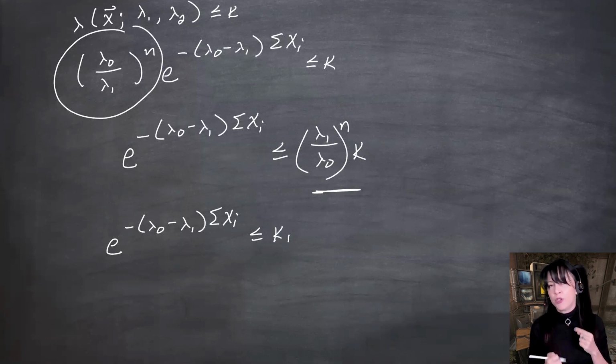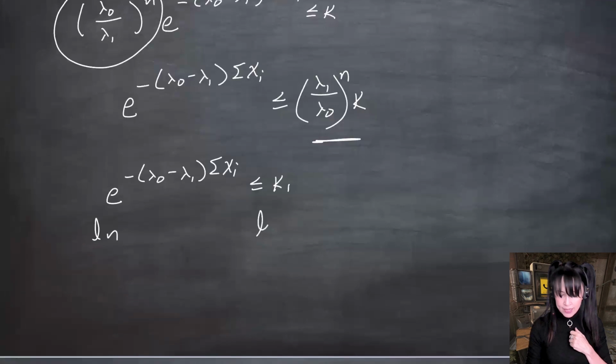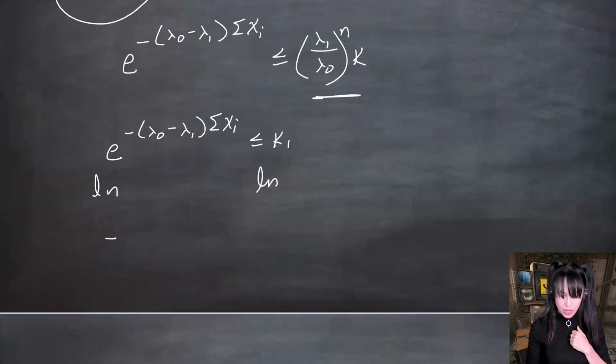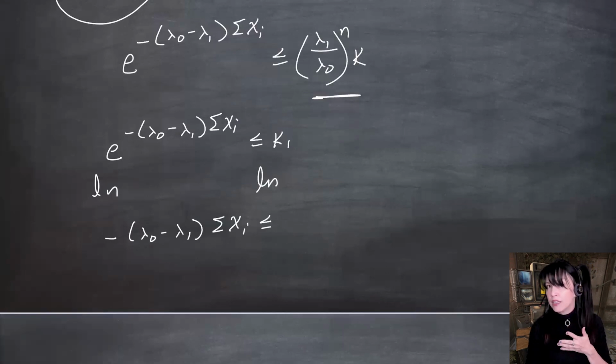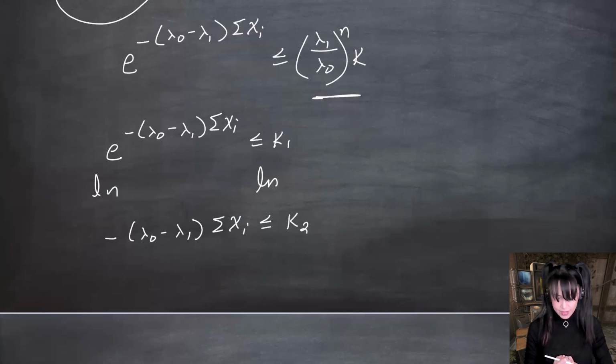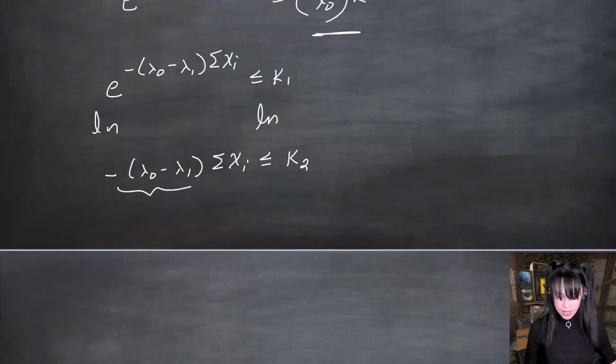I'm still working my way towards isolating the x's. So I'm going to take the log on both sides, and it's a nice monotone function, so the inequality will stay where it is. And I'll get minus (lambda naught minus lambda 1) sum of the x's less than or equal to the log of k1, which is just another constant that I'm going to call k2. And still trying to get down to those x's, I want to divide by this thing.